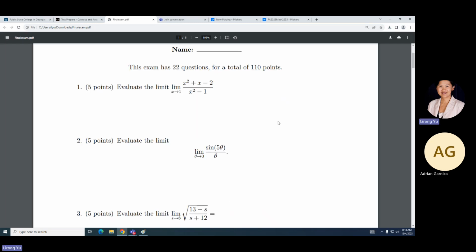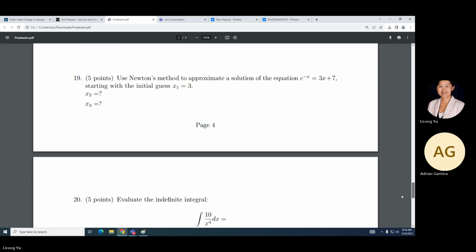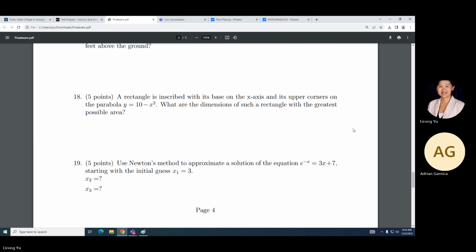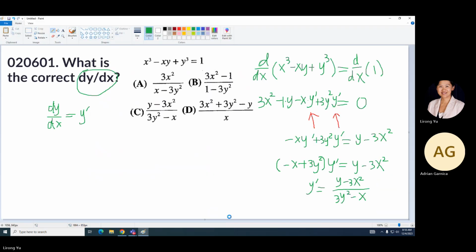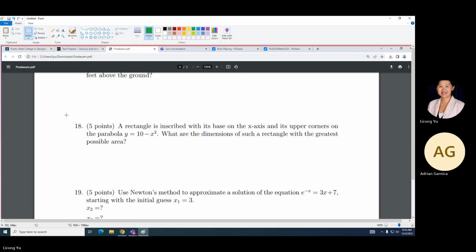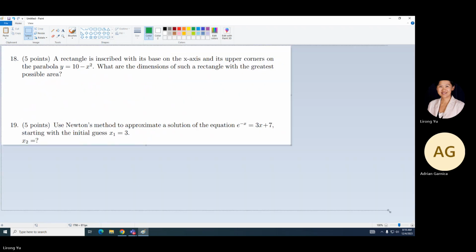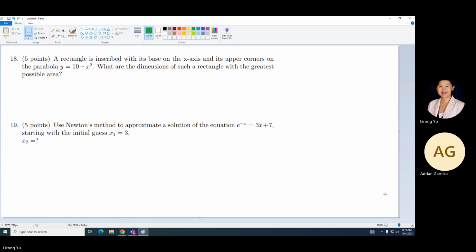Which one is the question? It says a rectangle is inscribed with its base on the x-axis, its upper corner on the parabola.